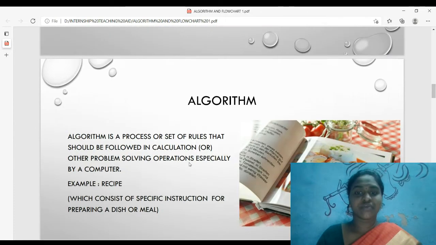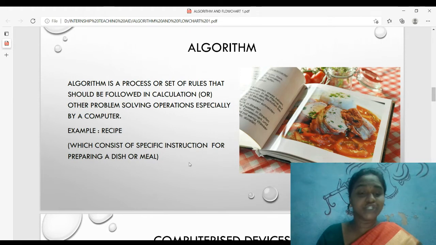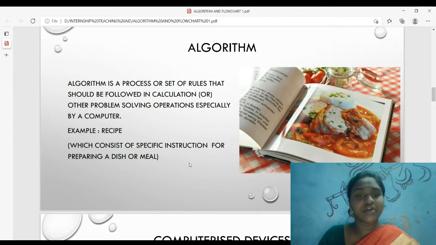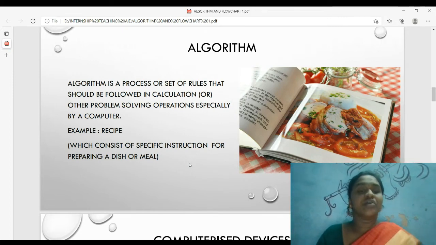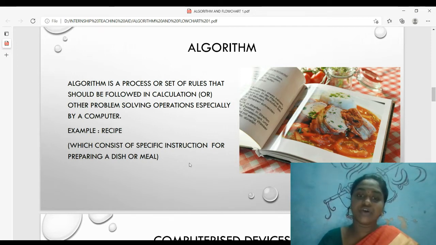What is an algorithm? An algorithm is a process or a set of rules that should be followed in calculations, and not only in calculations, but also in other problem solving operations or any other work we do.